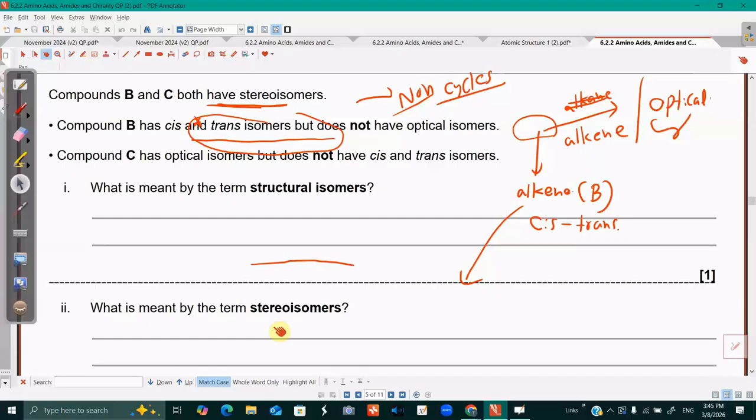Stereoisomers have the same structures. So structural isomers have different connectivity, or different spatial arrangement, right? In three-dimensional space. Be careful when you are defining them. Same structural isomers having different spatial arrangement or different connectivity in space, that is called stereoisomer. Okay.